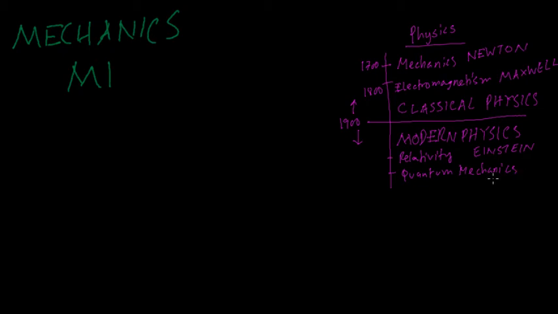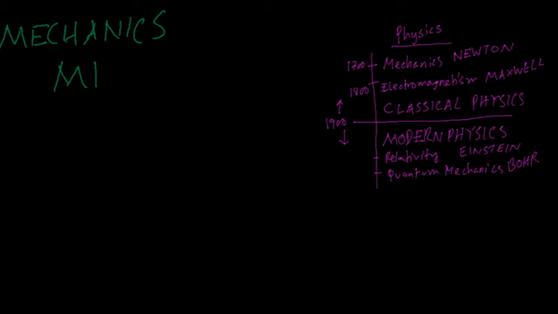A lot of credit goes to many people who worked on the foundation of quantum mechanics. But if you had to name one person who was always very fascinated and very passionate about this topic, it was Niels Bohr. So that's the entire physics that we have here.